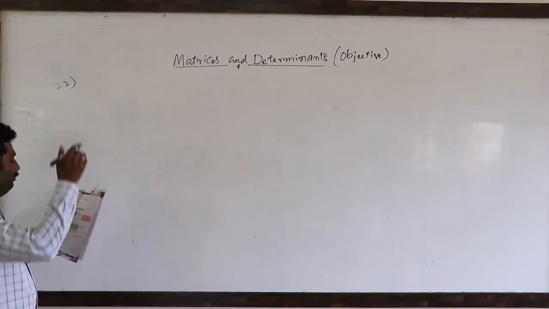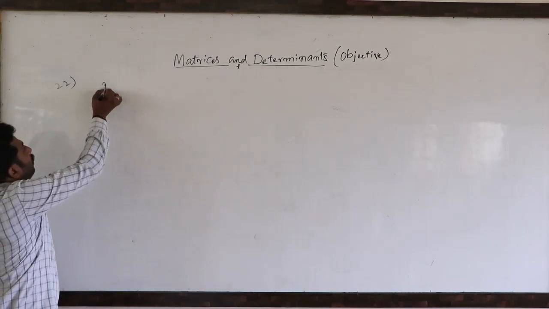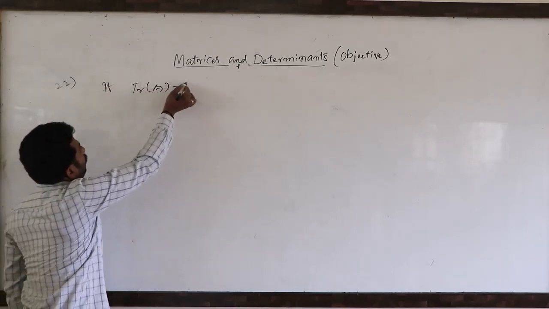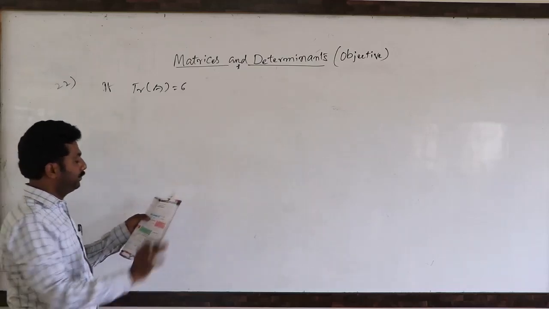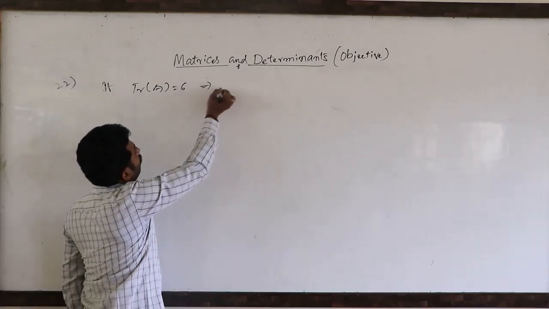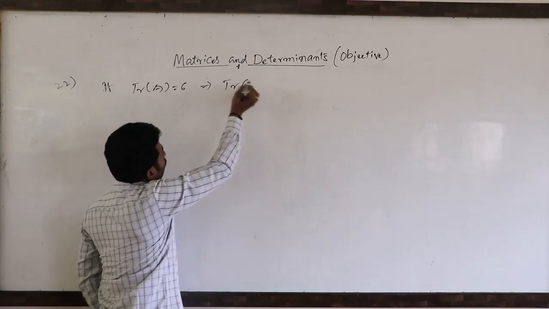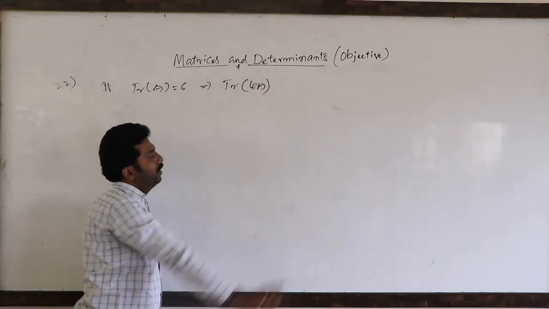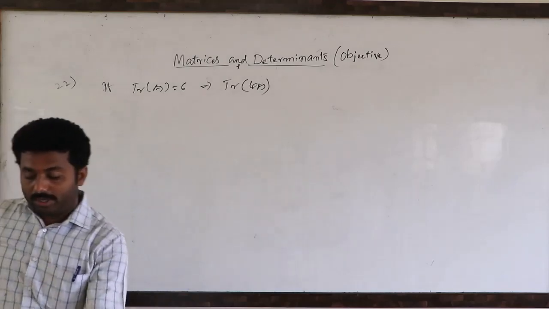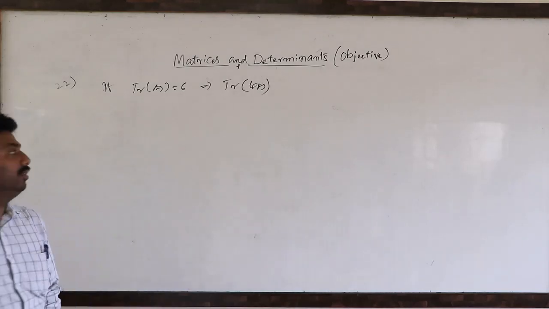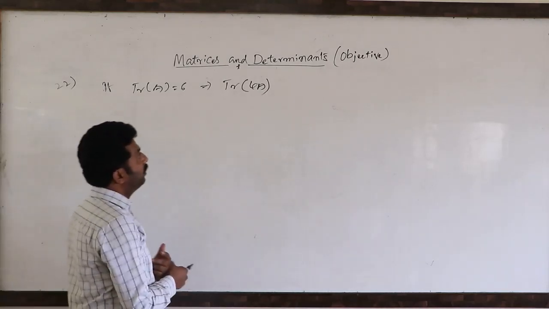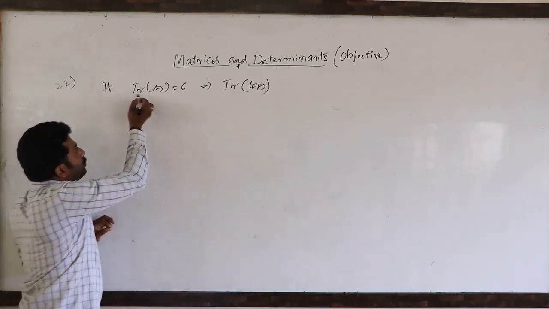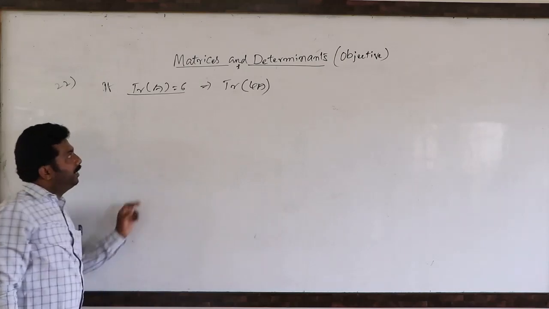Next question. If trace of A equal to 6, then what is the trace of 4A? They are asking this question. Trace of a square matrix means the sum of all the principal diagonal elements of the square matrix. That is the trace of the matrix. So trace of matrix A equal to 6.